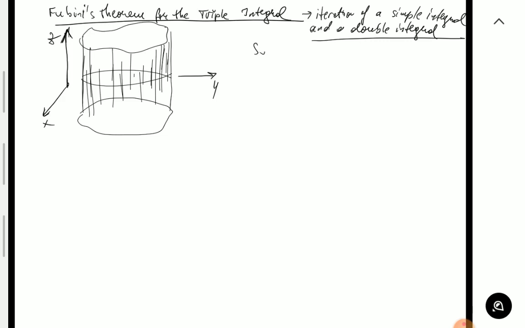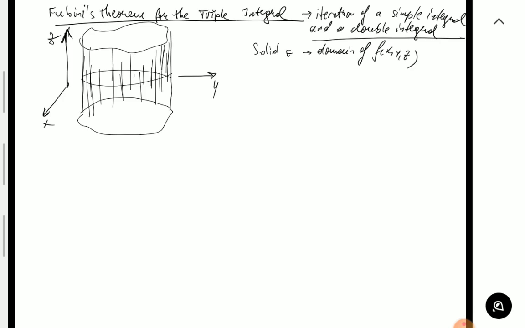So the solid E, which is going to be the domain of the function to integrate, so the domain of f of x, y, z, needs to be represented by one coordinate between two functions of two variables. Essentially, geometrically, the solid should be between two surfaces with the same domain.